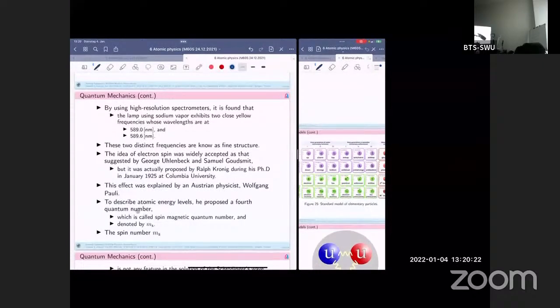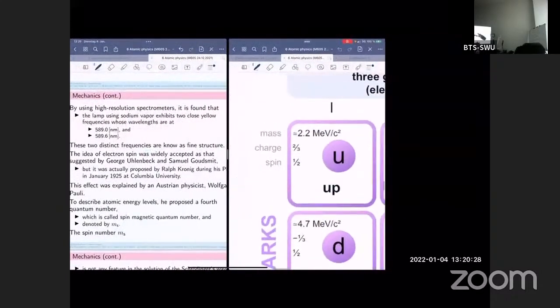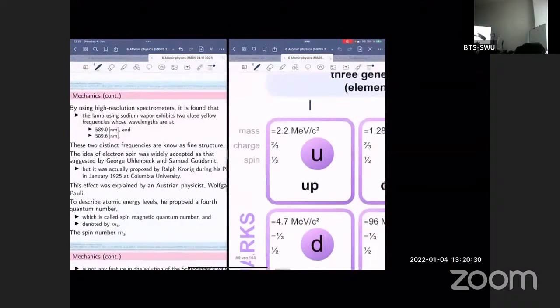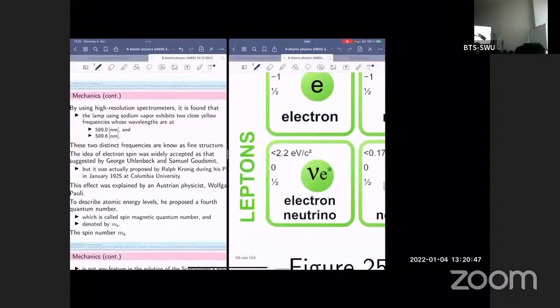That quantum number is known here. You may have already seen it in the standard table of elementary particles in physics. It's called the spin number. The spin number could be 1/2 or negative 1/2.